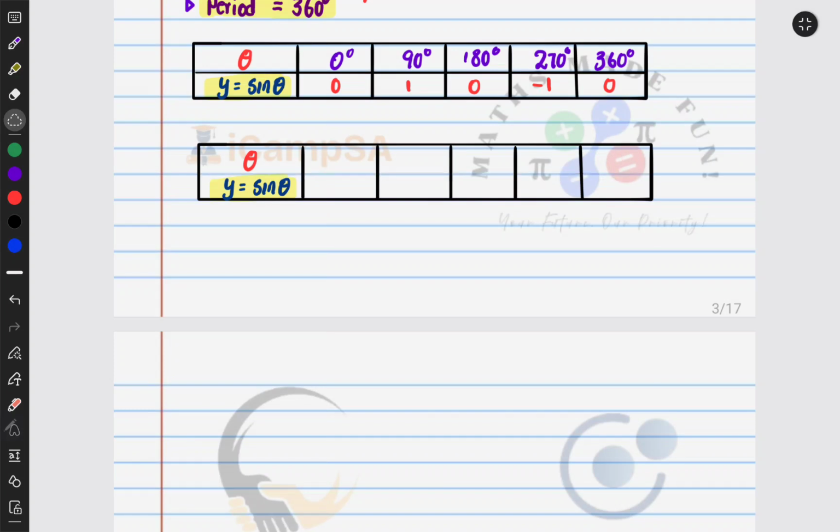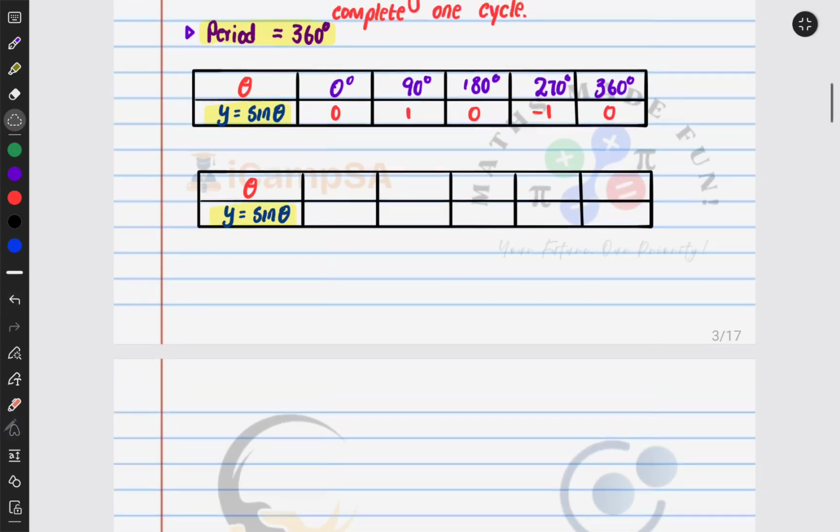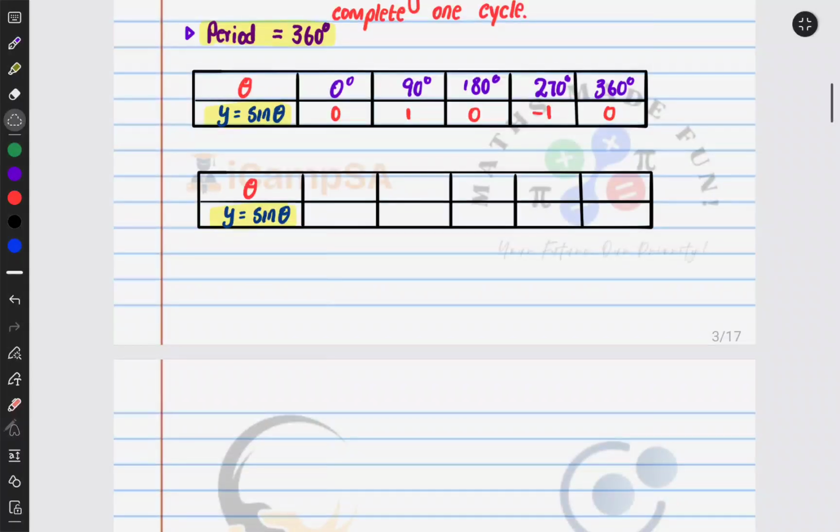We go from 360 to 450 degrees, and then we add 90, we go to 540 degrees, then 630 degrees, plus 90, we go to 720 degrees. Yeah, I think that should be enough. We can include 810 degrees.